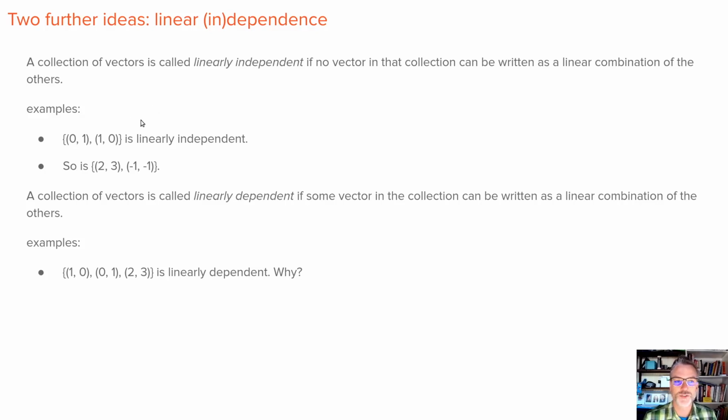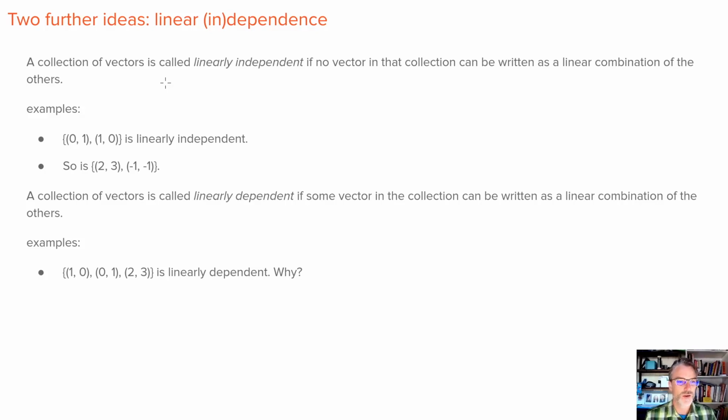So if I have a bunch of vectors, a collection of vectors, we say they're linearly independent if you cannot write one of them as a linear combination of the other ones. All right, so let's see what we mean by that. Here, this is a linearly independent set of vectors because I simply cannot write 1, 0 as a linear combination of 0, 1.